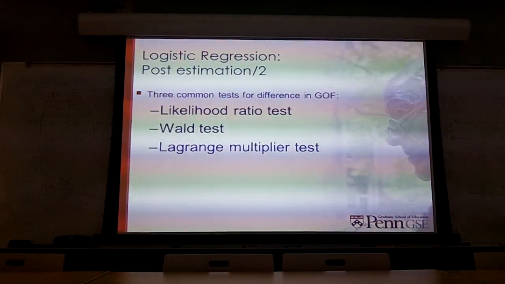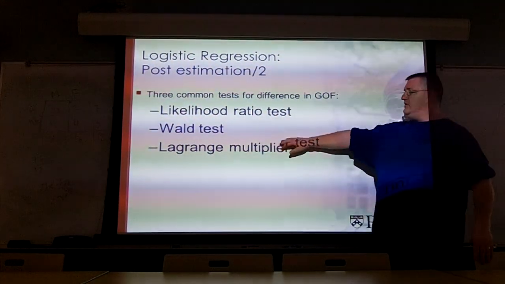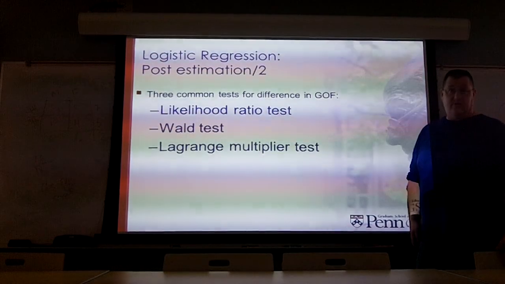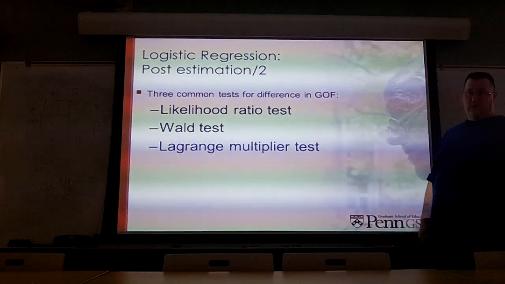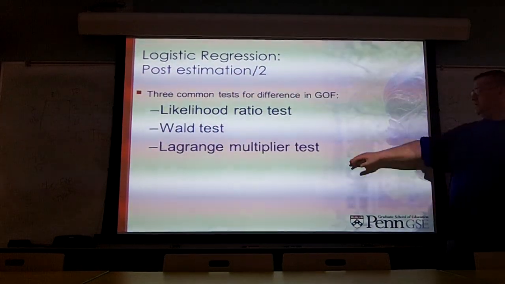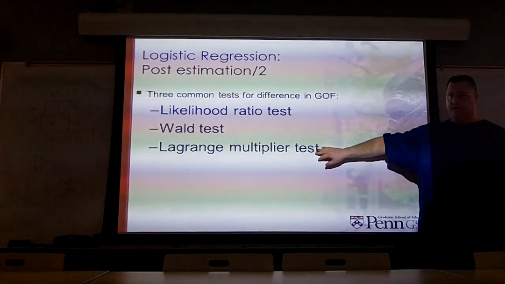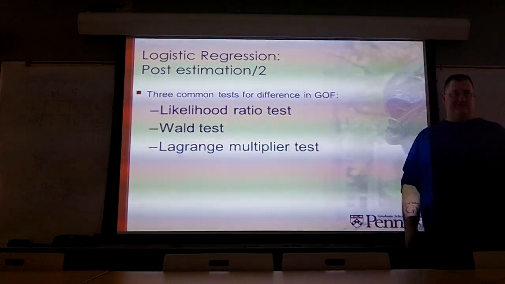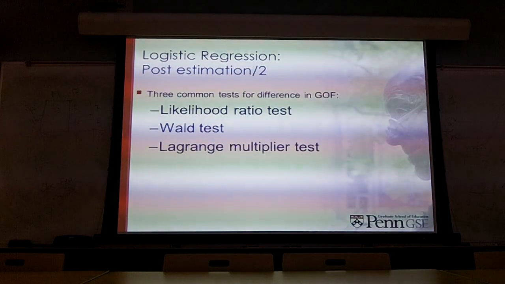There's a couple of ways. We've talked about the likelihood ratio test. Another way that we haven't talked about yet is something called a Wald test, which is also going to be a chi-square test. And there's something called the Lagrange multiplier test. You'll see these Lagrange multiplier tests in other places.